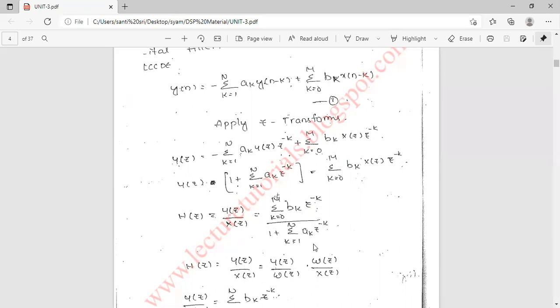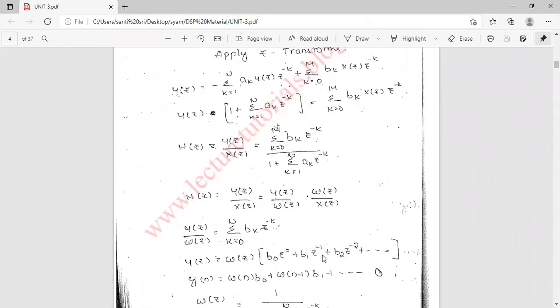We can write this as y of z by w of z into w of z by x of z.